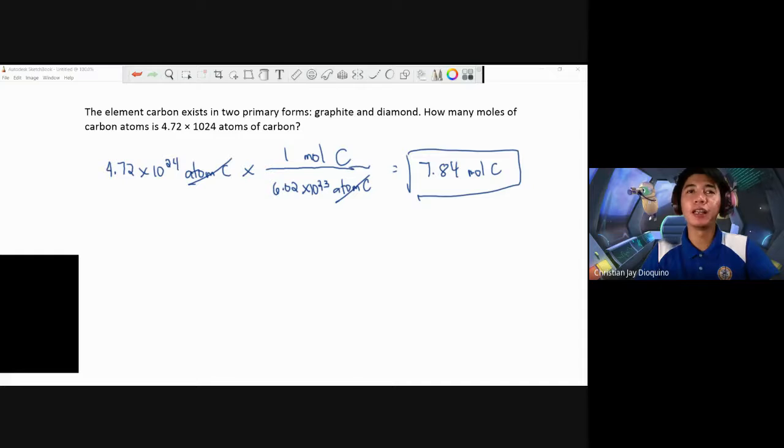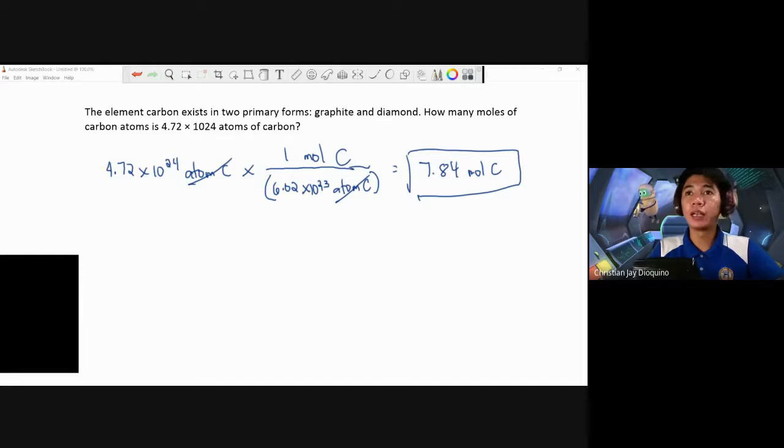May case na ganyan. So para ma-limit natin, ang gagawin nyo dyan sa calculator, kasi nagkakaiba-iba yan sa calculator, para makuha nyo yung exact answer mismo, lalagyan nyo ng quantity or parentheses ang input. Let's say magdi-divide kayo: 4.72 raised to 24 divided by, lagyan nyo ng quantity, then 6.02 times 10 raised to 23rd.